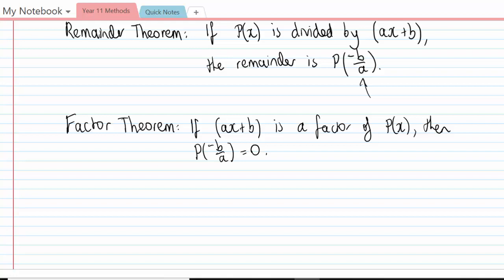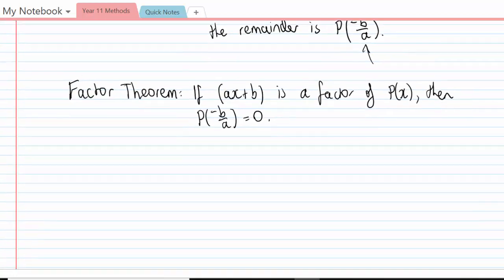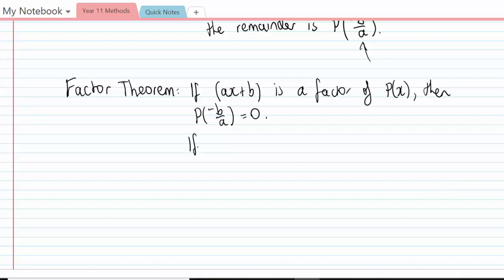And I guess this works the other way around as well. So if p of negative b on a equals 0, then ax plus b is a factor of p of x.